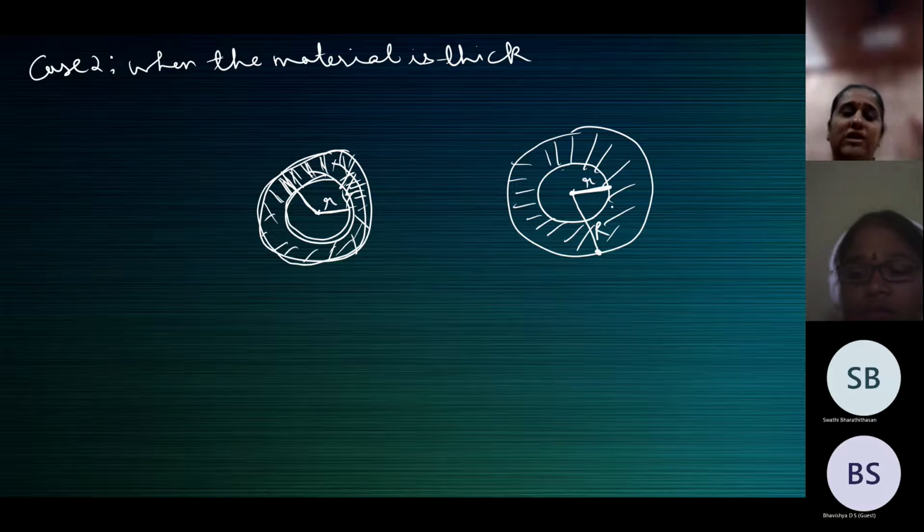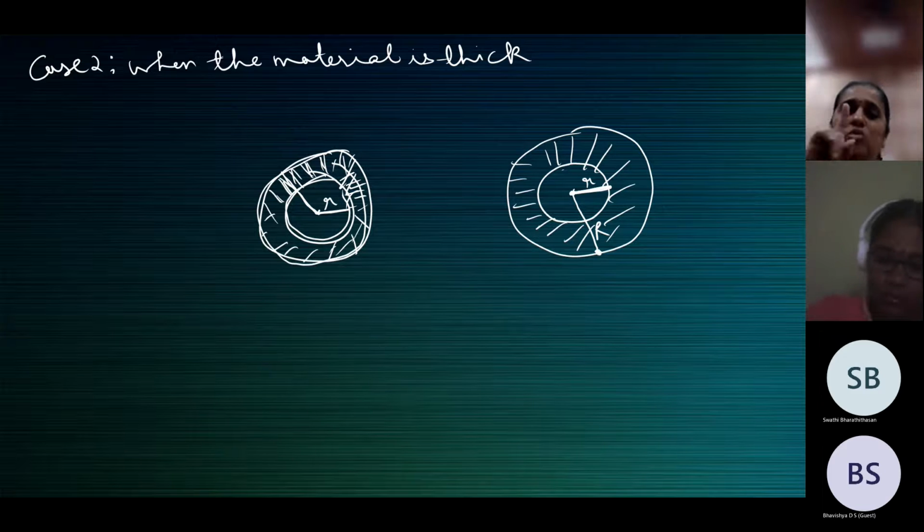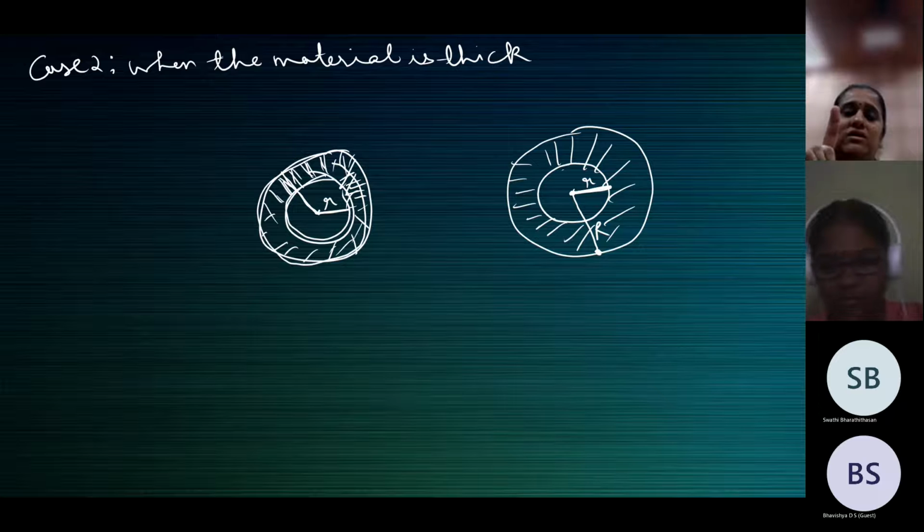So let's again understand the four surfaces in a hollow cylinder where the material is thick. Hollow cylinder meaning you can see through the cylinder. It's open at both the ends. In a hollow cylinder, the wall can be so thin that the thickness can be ignored completely, in which case there is only one radius.